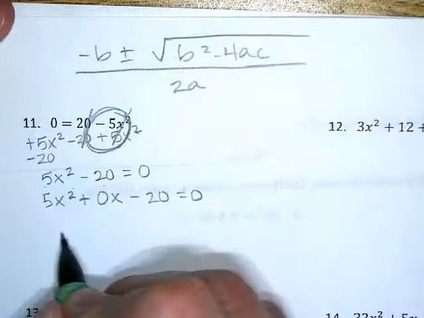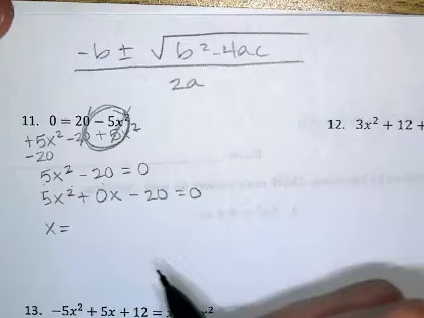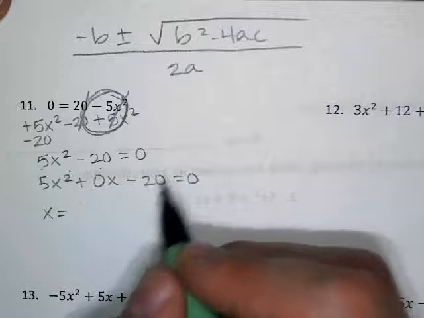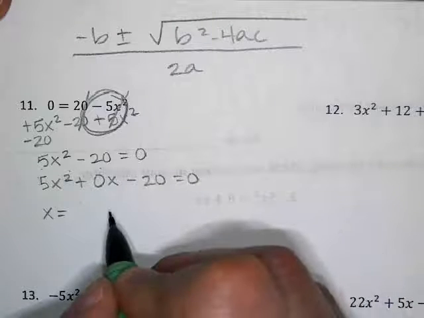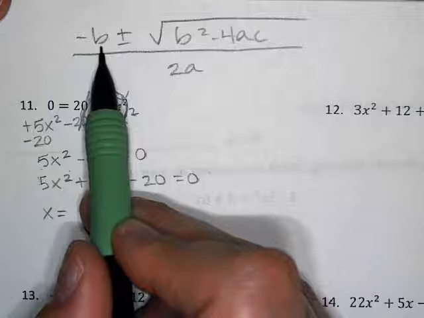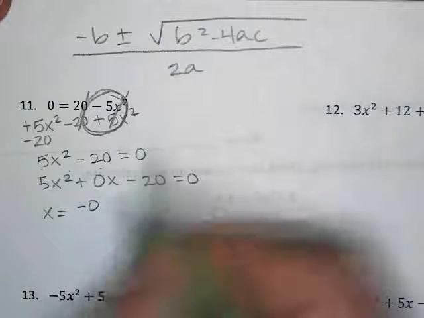Okay. So what should I write first? Negative 0, yep. And -0 and +0 are the same thing. They're just 0.